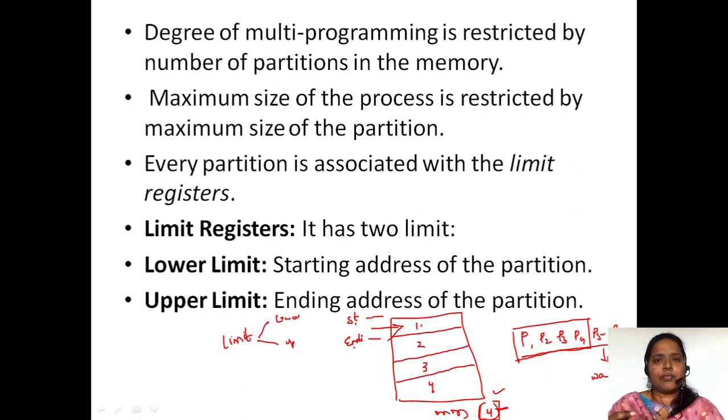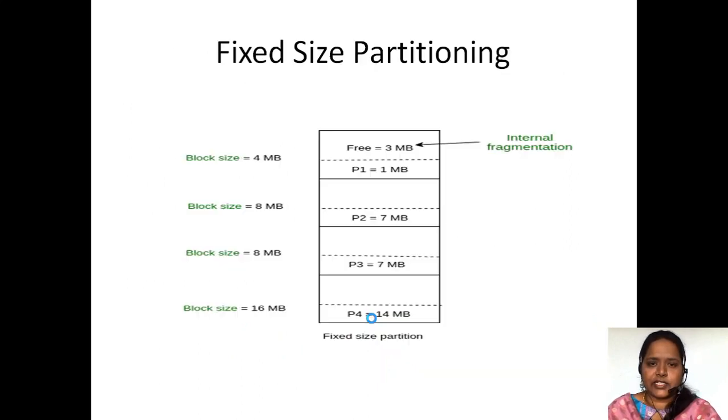Like that, for each and every partition we are going to have a limit register. That limit register is used to hold the starting address of that partition as well as the ending address of that partition. This is the fixed size partitioning diagram.